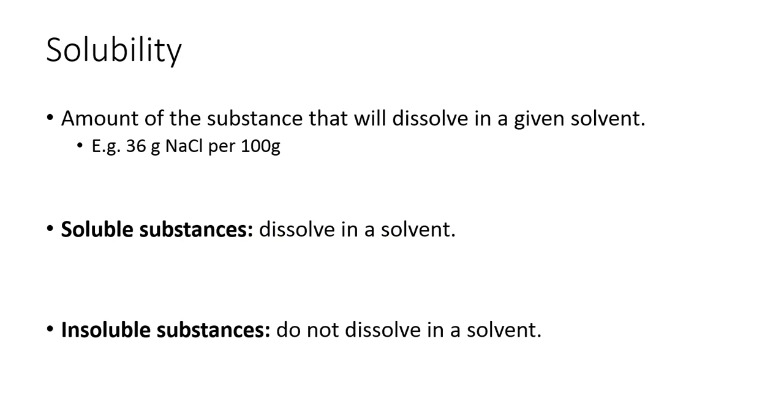So normally solubility, in this case we are giving it as grams per 100 grams. So we can say we can dissolve 36 grams of sodium chloride in 100 grams of water. That's what it means.